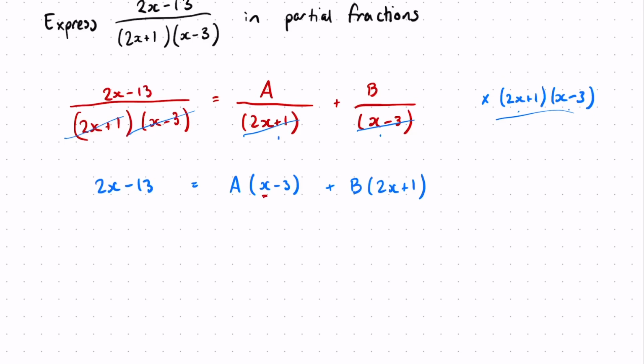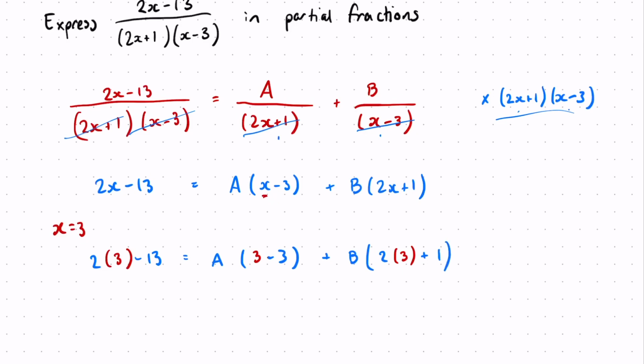Well, if x was 3, this bracket here will be 0. So what does that look like? So 2 lots of 3 minus 13 is equal to a lots of (3 minus 3) plus b (2 lots of 3 plus 1).